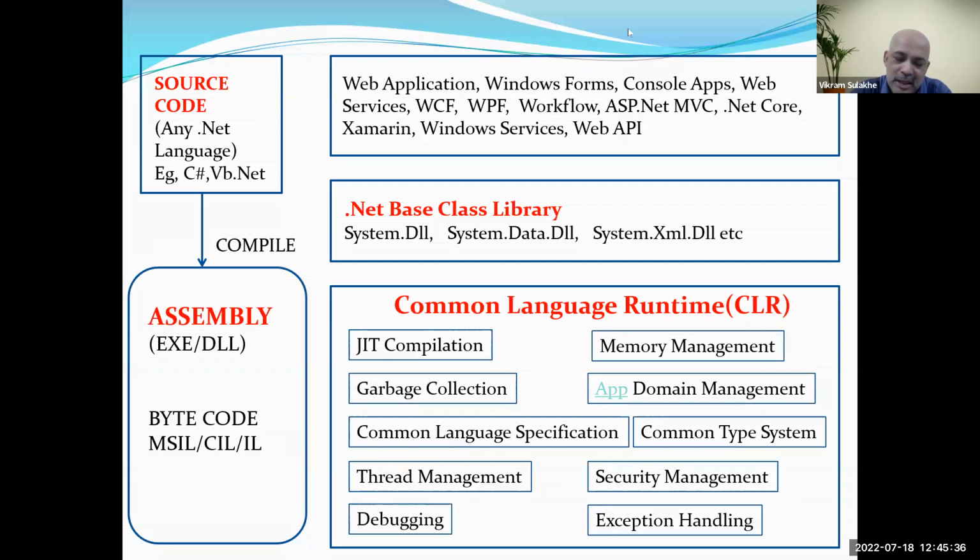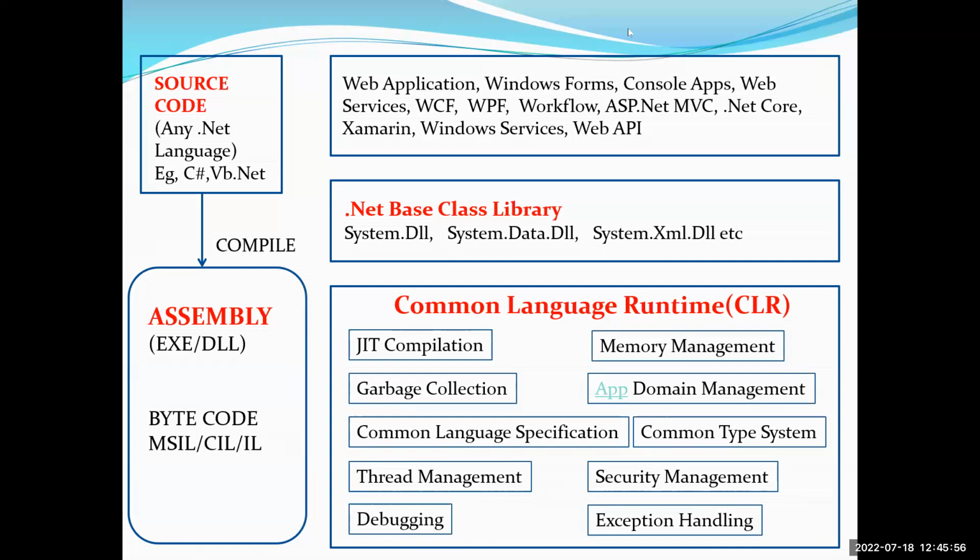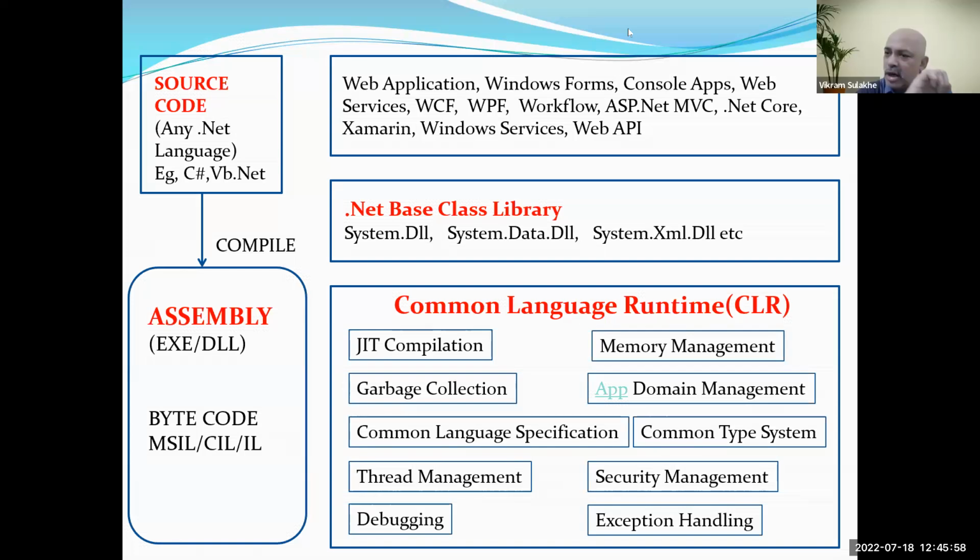Mono is not from Microsoft and works only on Linux. And .NET Core works on all platforms. Are we clear on the three different paths that you have? One is .NET Framework, one is Mono, and one is .NET Core.